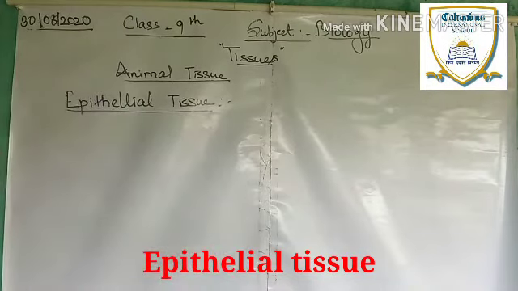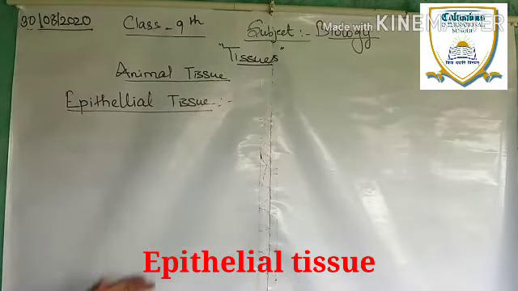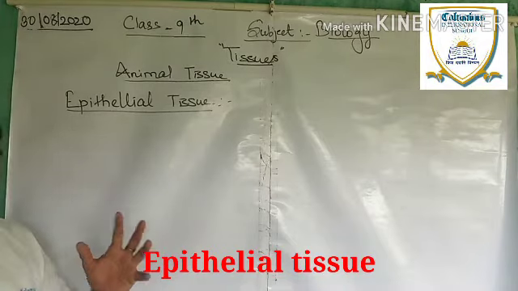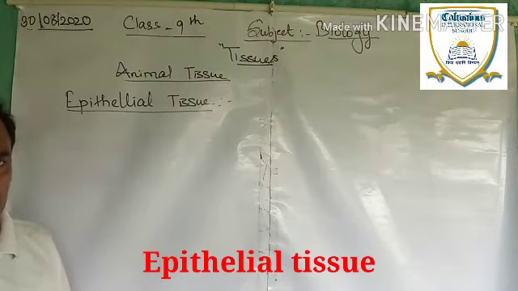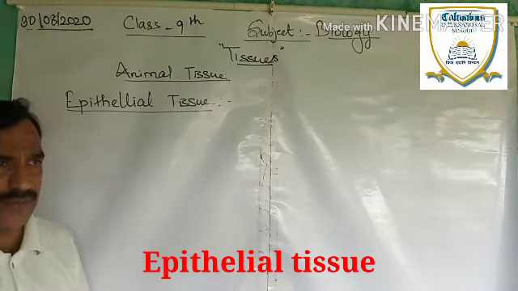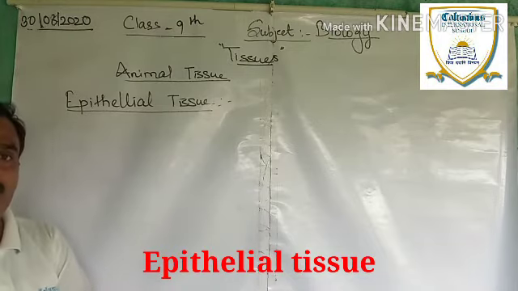Yes, friends, epithelial tissue is the tissue, you can say, which has the maximum area of our body. That means it is covering the maximum part of our body. So where is it found? It is found on the lining of each and every organ, whether it is internal organ or external organ. For example, this is skin.